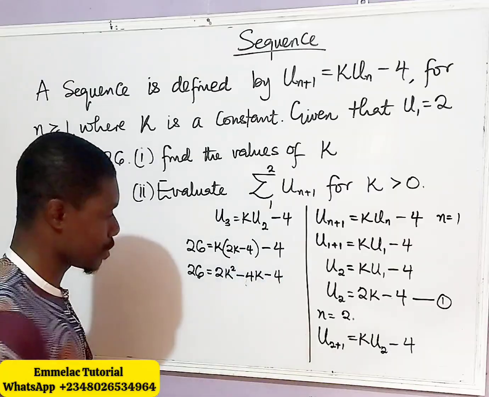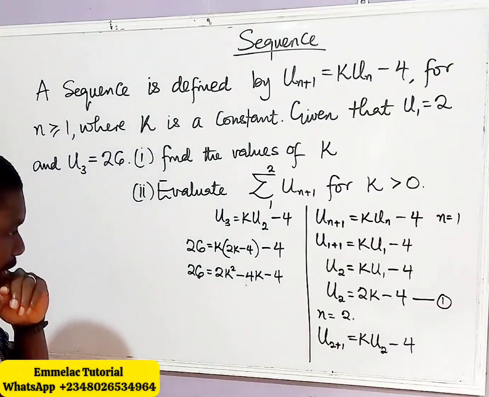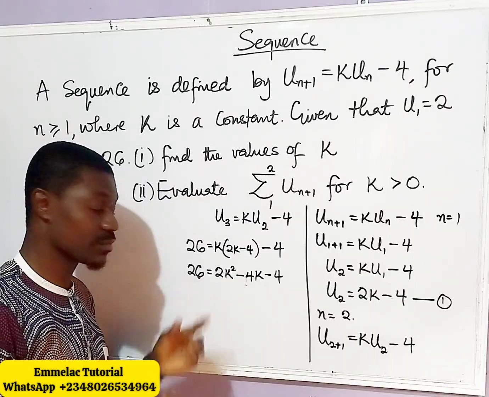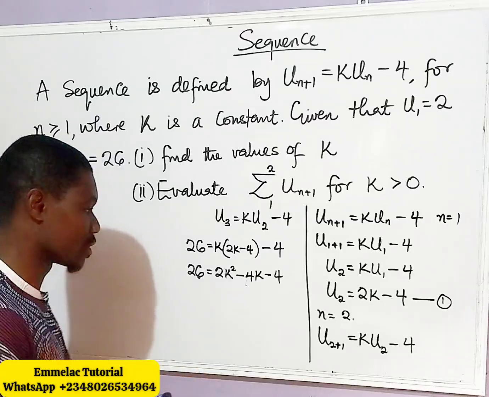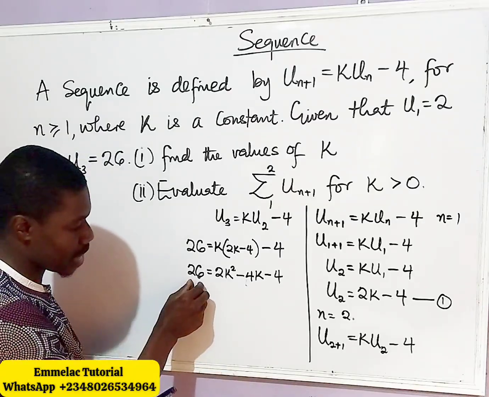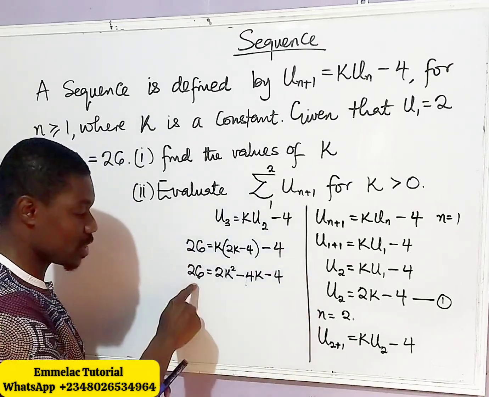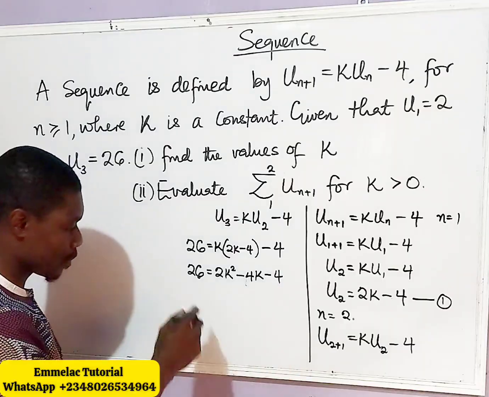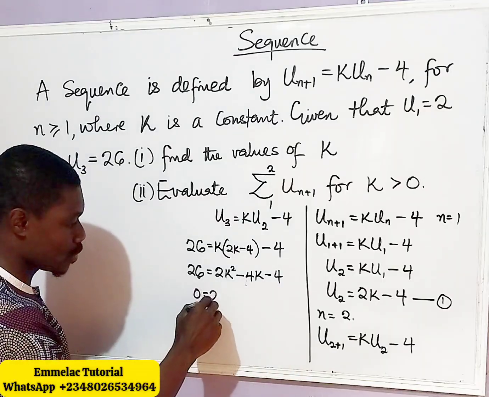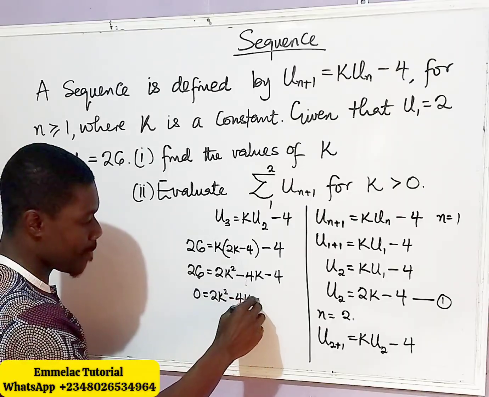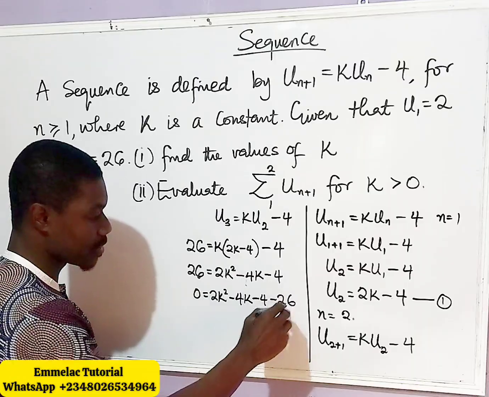To this end, let us subtract 26 from both sides and make the equation equal 0. Moving 26 over to the right-hand side gives us minus 26. So you have 0 equals 2k squared minus 4k minus 4 minus 26.